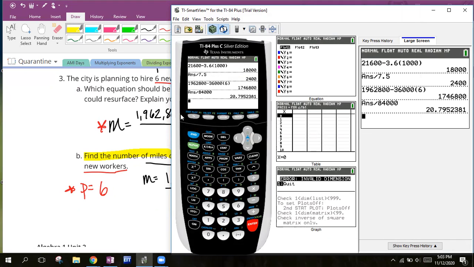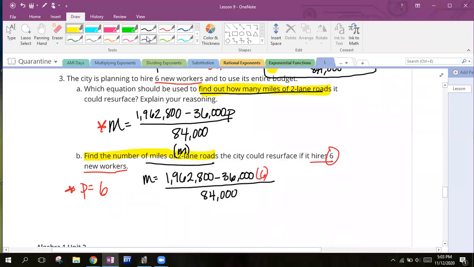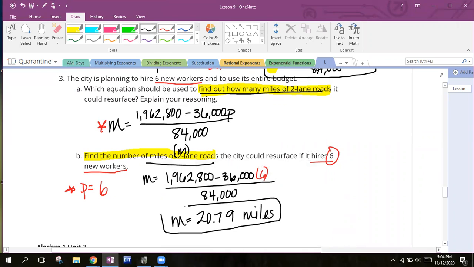Okay, so I get 20.79 miles of road. All right, and that is all of lesson 9. Just the importance of whatever it's asking you to find is what you solve your equation for.